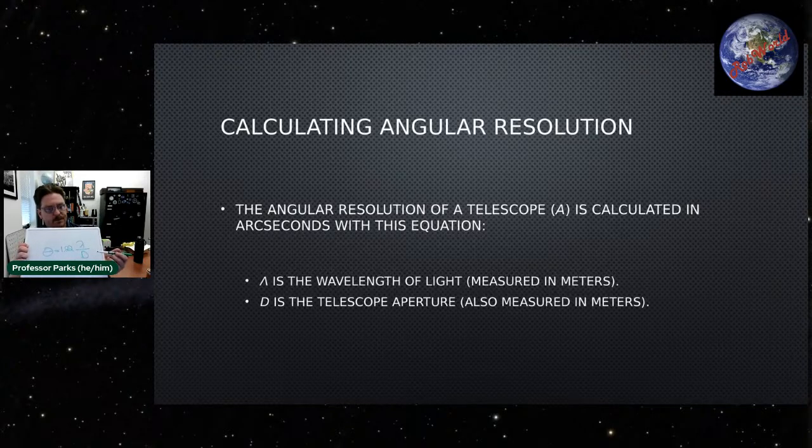You at home can run the numbers if you want. The middle of our visual camera is around 500 nanometers. So if you convert 32 inches into nanometers, you can do the math. You can figure out what our theoretical best angular resolution is.